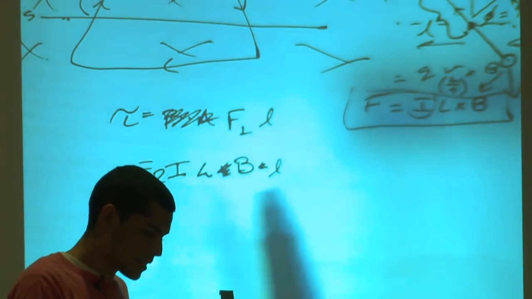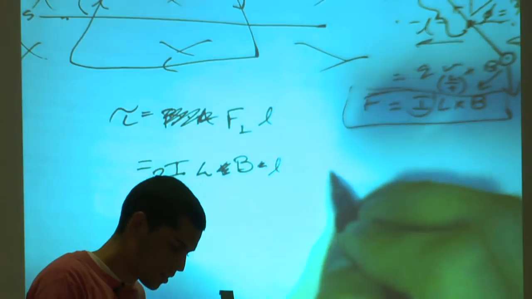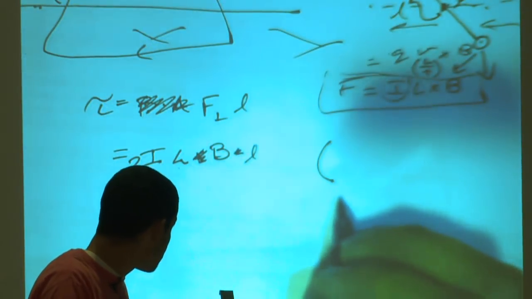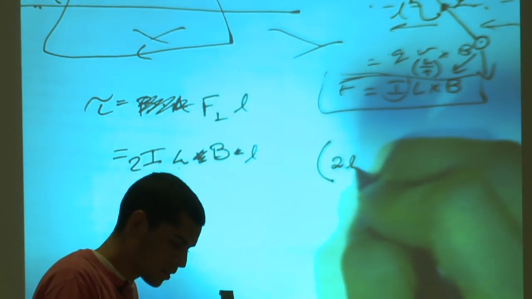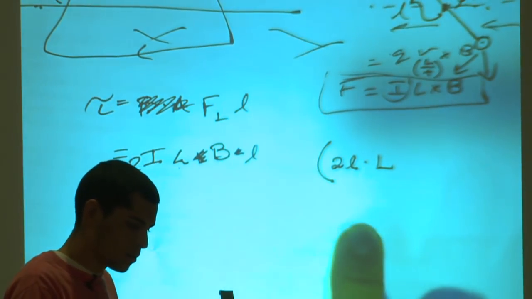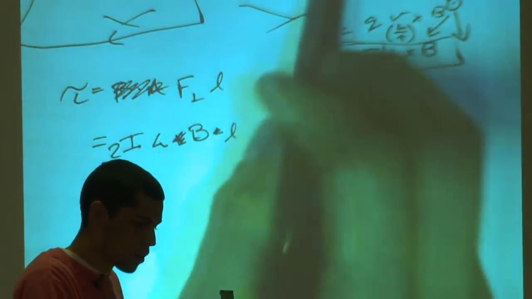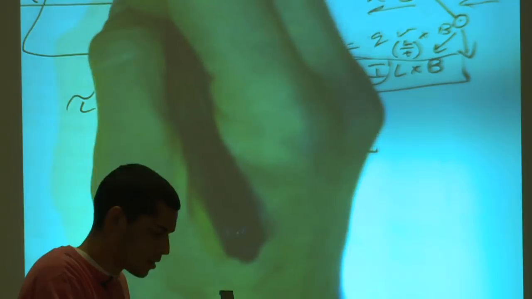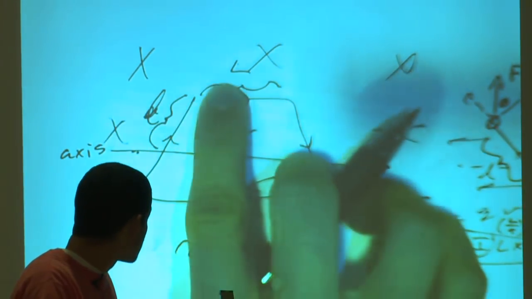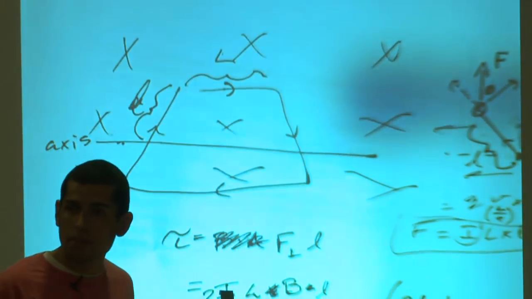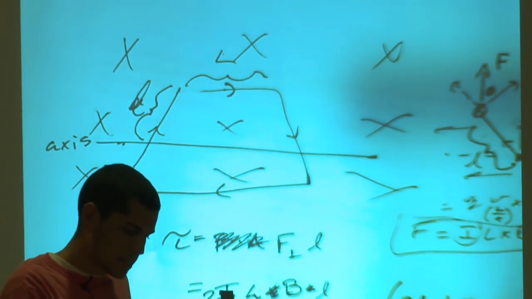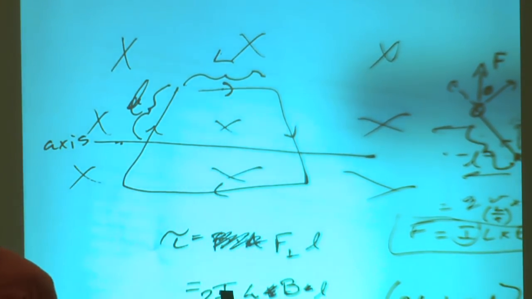Okay, so this length right here, I'm just going to make a parentheses, 2L times capital L, okay, so 2 times our lever arm, which is this, and L is the length of the wire. We have a square wire here. Is simply equal to our area. You guys see that?